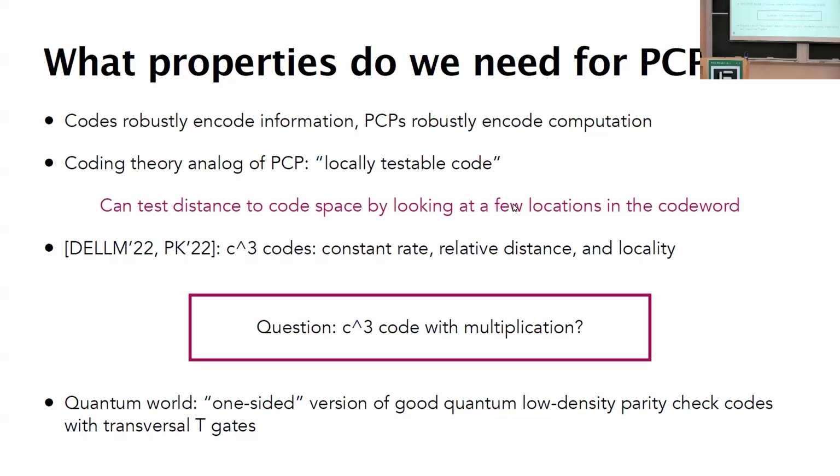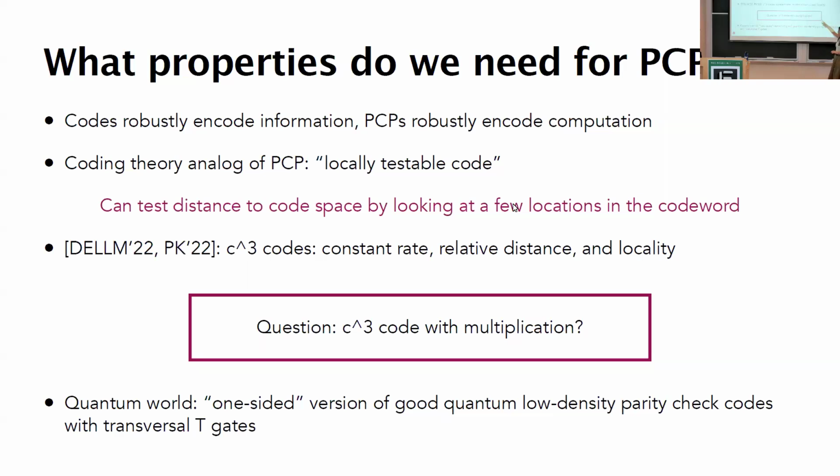So it's really like multiplication in the quantum world. It turns out this multiplication property will actually give you these transversal T gates. The same classical property that lets you go from just linear computation to universal computation also lets you go from Clifford to universal computation in the quantum world.